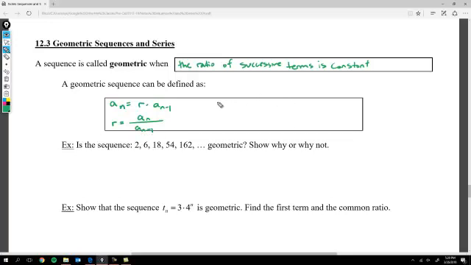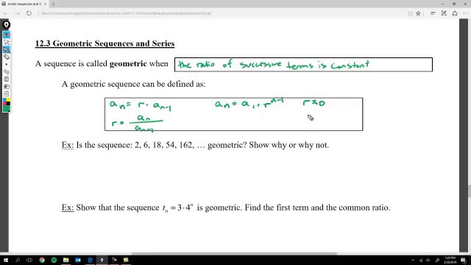Now the way that I can define this iteratively is a sub n equals a sub 1 times r to the n minus 1 power. And your common ratio cannot be 0, because then you would just get a whole bunch of zeros. If you take any number and multiply by 0, you just keep getting 0.